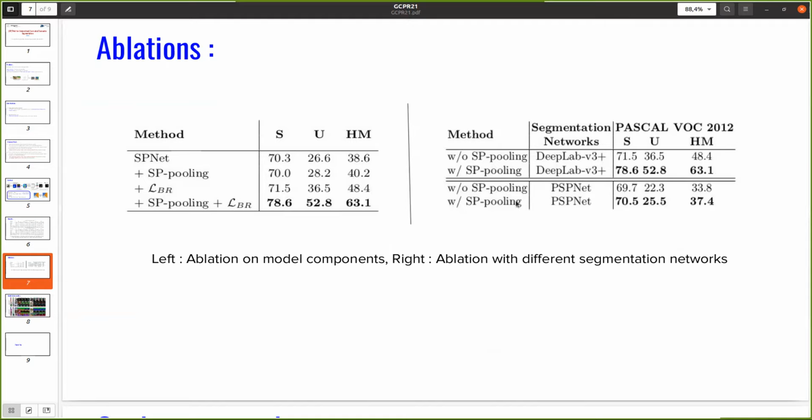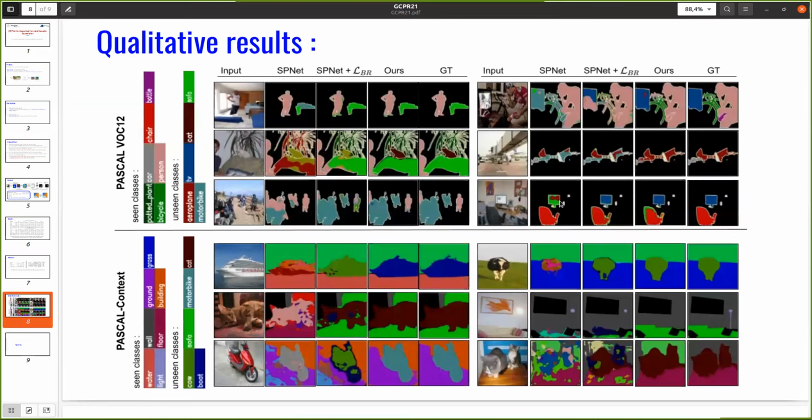On the right-hand side, where we do ablation with respect to the segmentation network, we test with different segmentation networks, including DeepLab v3 and PSPNet. And we see that with both of them, when we do superpixel pooling, we see improvement in performance. This suggests that our superpixel pooling method works independent of the segmentation backbone.